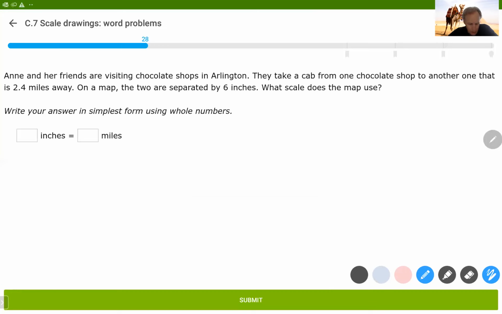Okay, 2.4 miles away. What scale does the map write? Okay, so we're supposed to write your answer in simplest form using whole numbers. So 6 inches to 2.4 miles. Basically, they want me to get rid of any decimals.